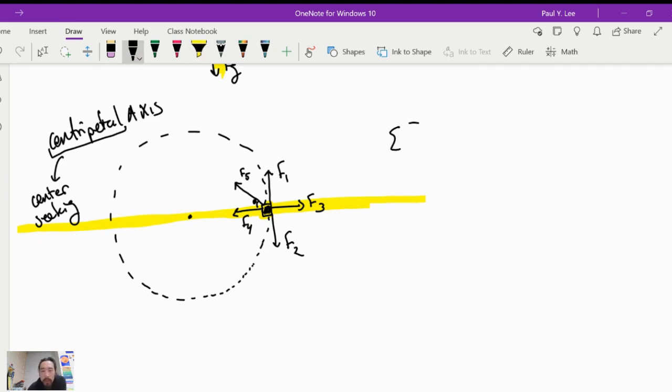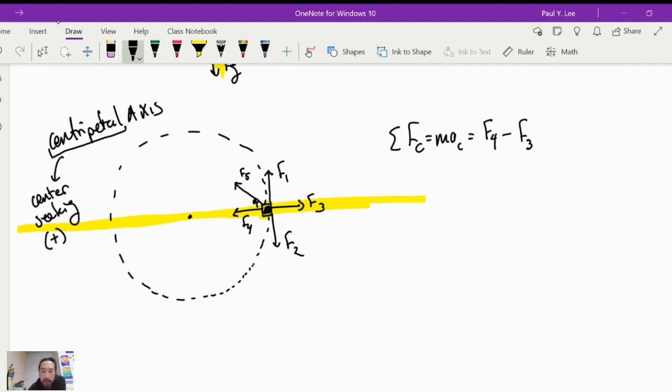So my centripetal force formula for this scenario here would be, oh, I forgot to tell you what's positive and what's negative. So because it's center seeking, anything going towards the center is positive, and anything going away from the center is negative. So if we take a look at this, we can say that F4 is center seeking, okay, and it'll be positive. F3 is going away from the center, so that will be negative.